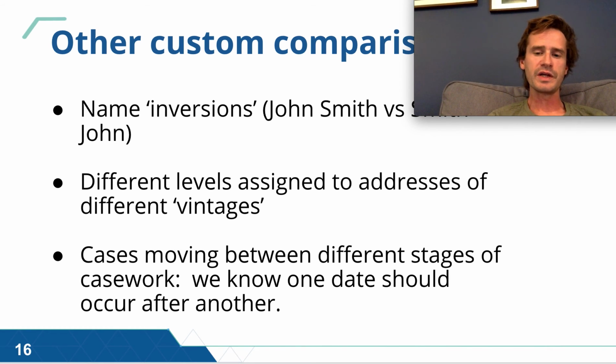So in this case, we expect records in system 2 to have a timestamp which must be after the timestamp of the records in system 1. And again, we can write a custom expression that assigns level 2, the highest level of matchiness, only in the case that the timestamp in the second system is after the timestamp in the first system. So that gives a flavour of the flexibility that this functionality can give us.